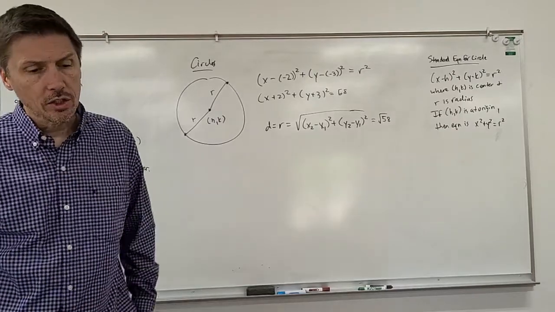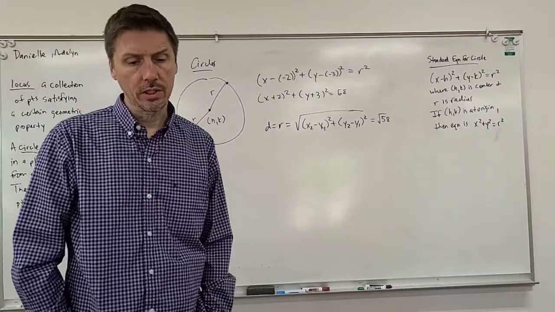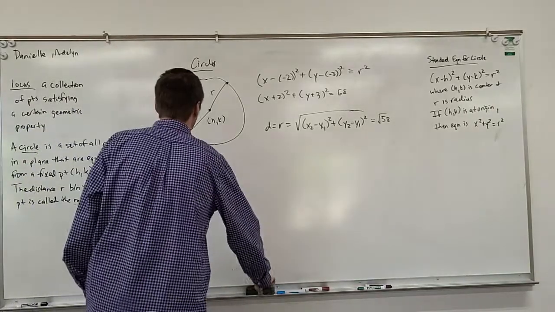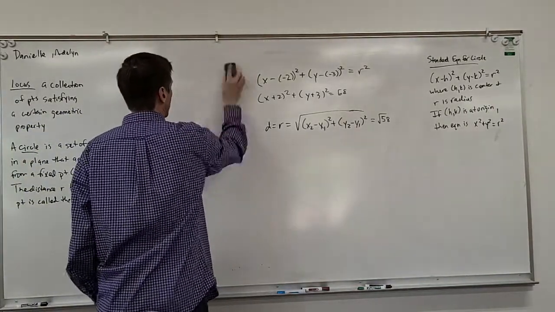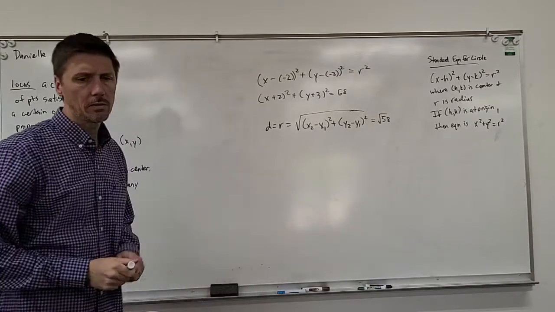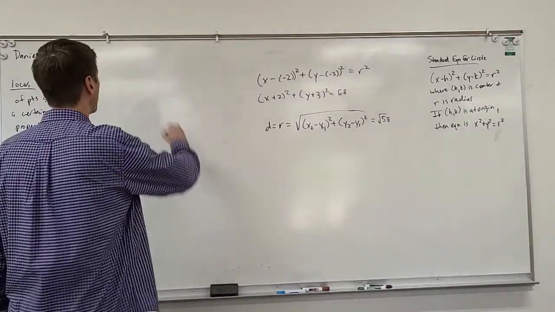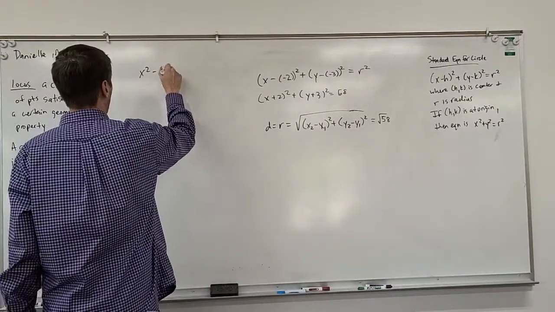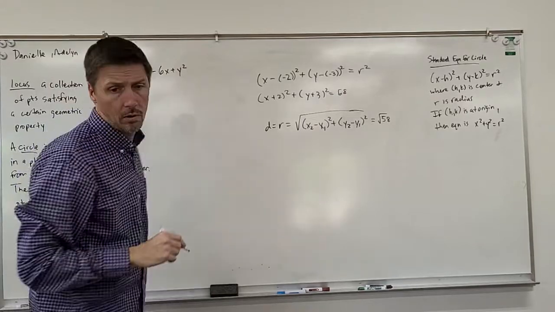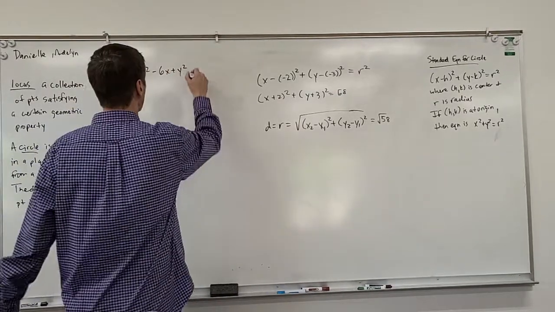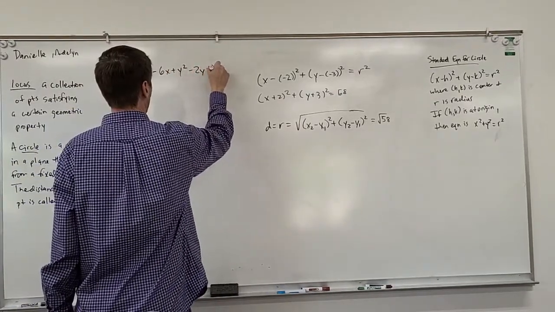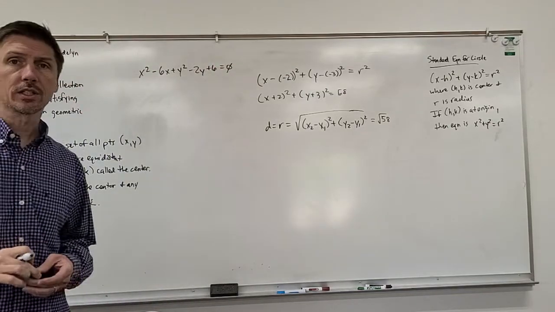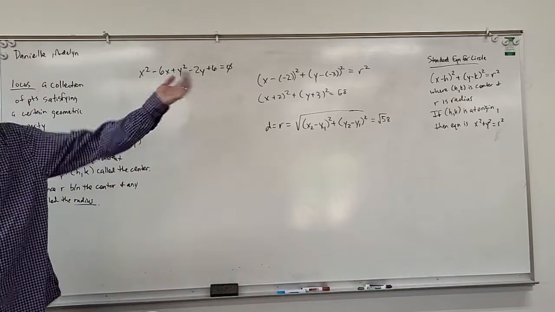As far as sketching a circle goes, which is what example 2 asked for, in that one they give us an equation. And again, I'm not going to do all the details here, but if we're going to be able to easily sketch it, the way to easily sketch this is to put it in the standard form of the equation for a circle.